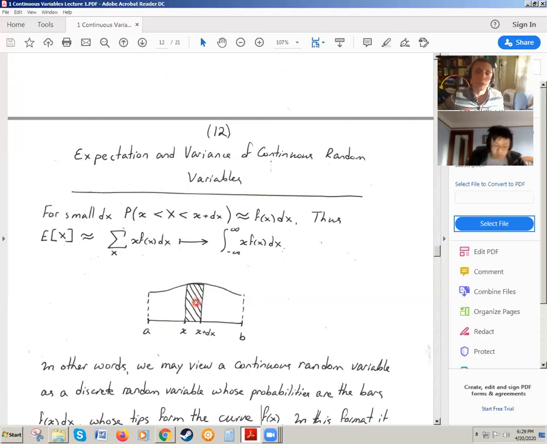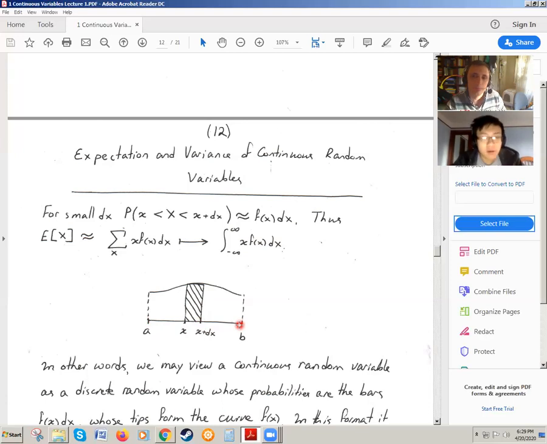Continuous might be thought of as a limit of a discrete one. In the discrete case, you have only finitely many outcomes, or countably infinitely many. But a continuous random variable will have uncountably many possible outcomes.